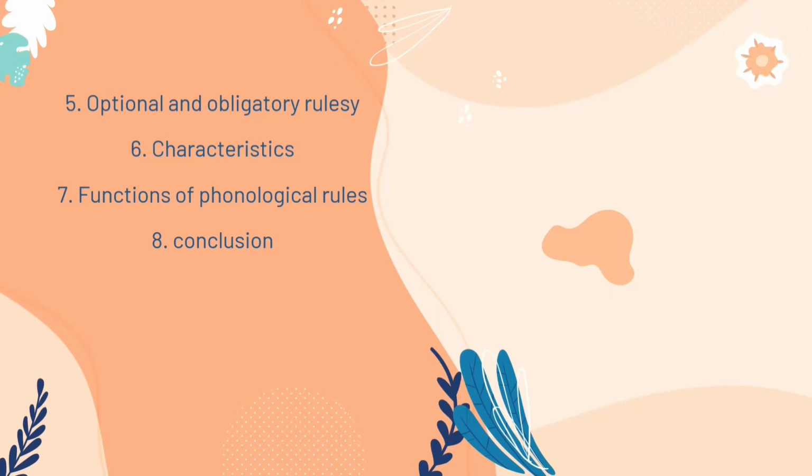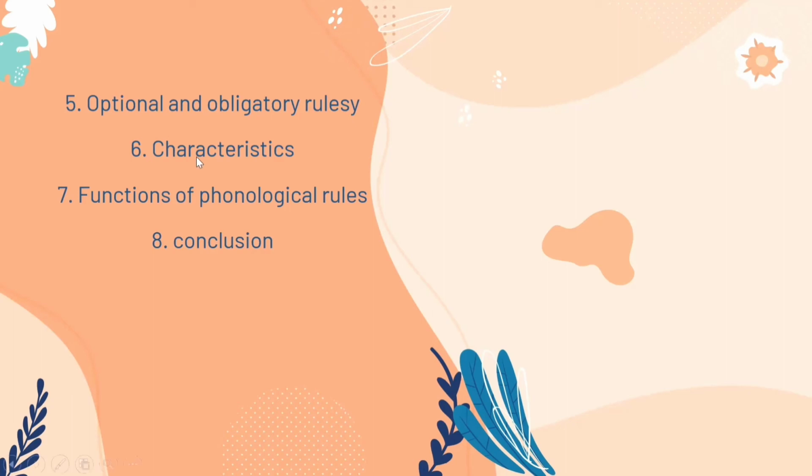And next is characteristics. Hayes in 2009 made a list of the following characteristics that all phonological rules have. One, language specificity. A phonological rule is present in one language or even in only some dialects of a given language.